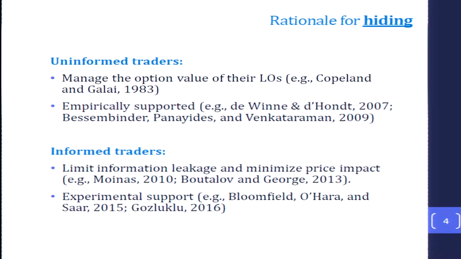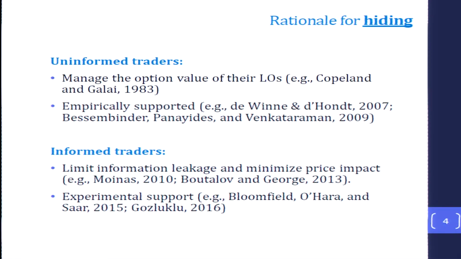Now, there have been some papers which look at the rationale for hiding. Theory gives us some evidence on order exposure, and these theories are conditioned mainly on the information set of traders.